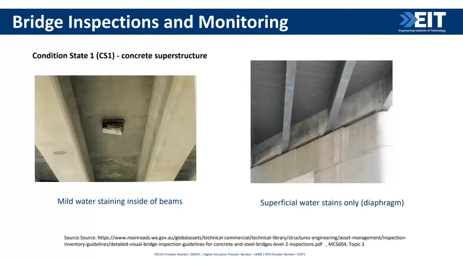Normally we can consider condition state 1, here an example of concrete substructures with some superficial water stain, nothing very, very bad, if you can say it like this, and the cracking is still widely spaced and not very frequent.